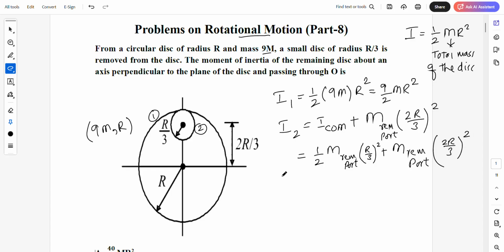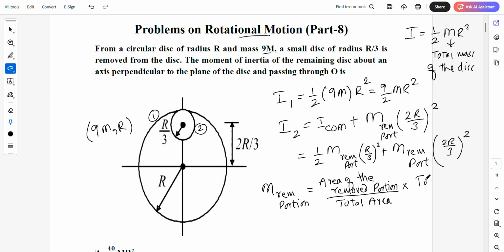Now how to calculate the mass of the removed portion or cut portion? Mass of the removed portion is equal to the area of the removed portion divided by the total area of the disk, into the total mass.